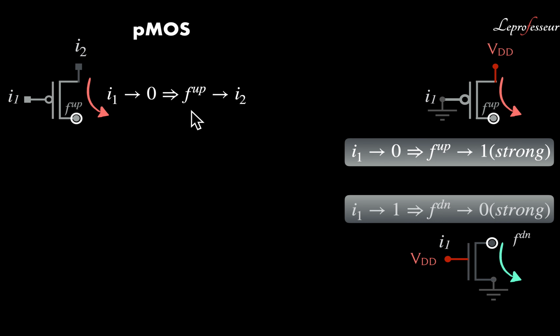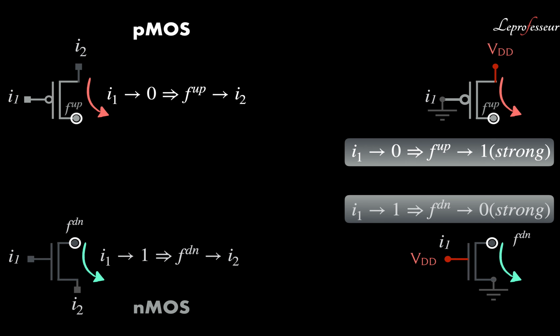So we have formalized another simple concept regarding PMOS. Similarly, we can see the NMOS. One input is connected to the gate of the NMOS, and another input of the circuit is connected to one of the terminals of the NMOS.